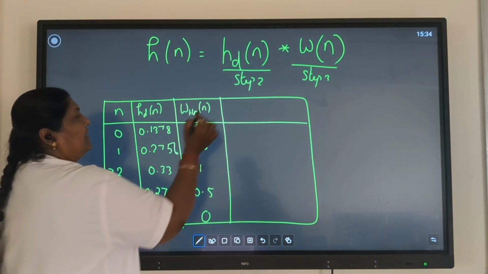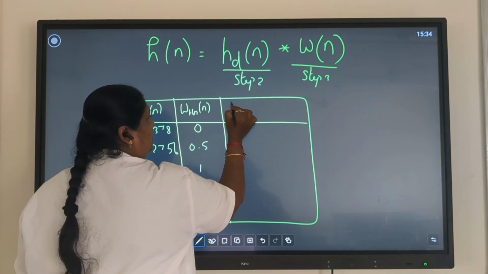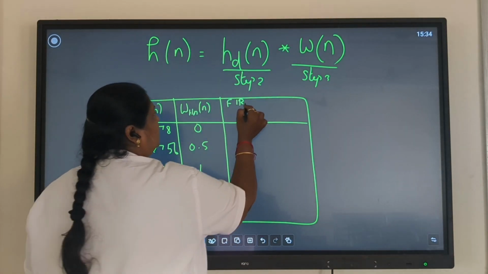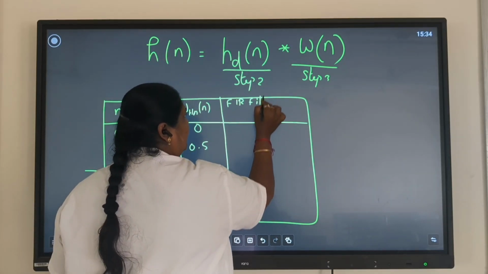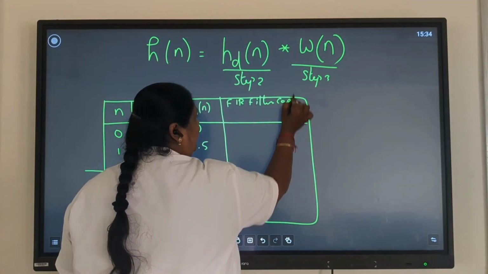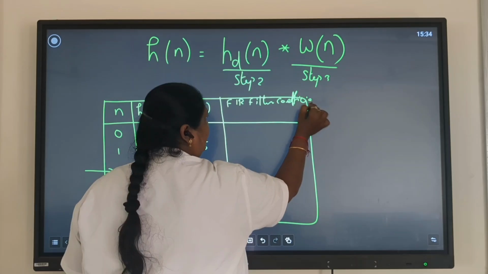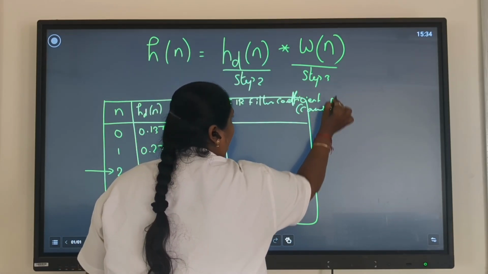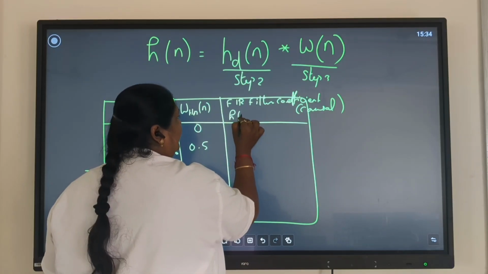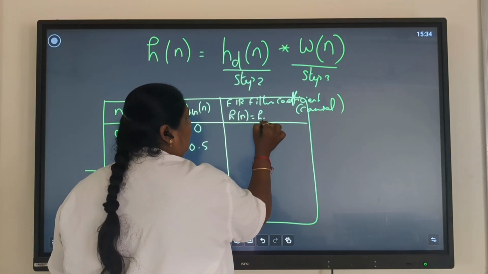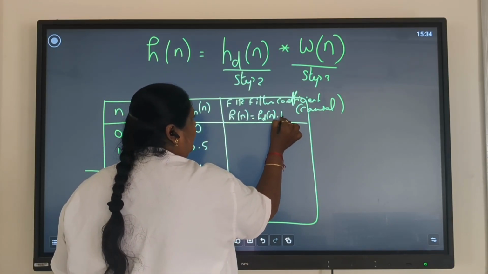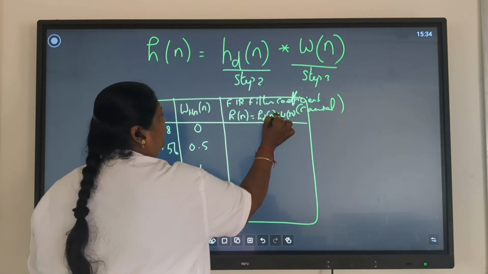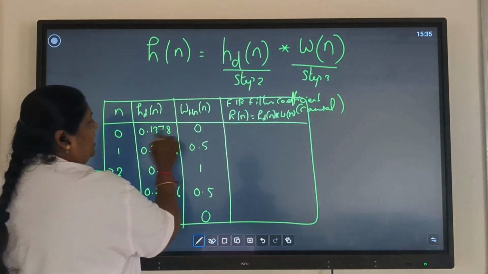So your finite filter coefficient, usually FIR filter coefficient will be Gaussian. H of n is equal to hd of n into w of n. So directly you can multiply.